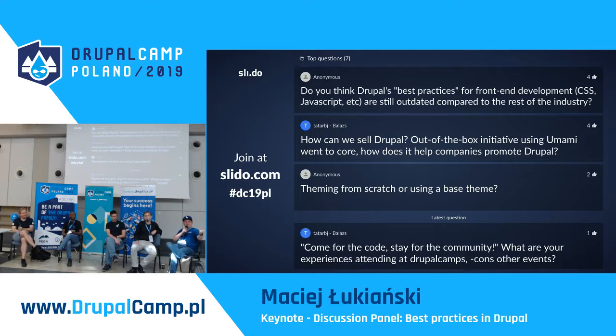There are basically two initiatives that we mentioned here. One is still an initiative, the other one went to core. That's the out of the box, which is represented by Umami and the Umami demo and all the things like the profile. The other one though is promote Drupal. It's marketing stuff, heavily influenced by that company that just got acquired by Acquia, Maciej, something like that.